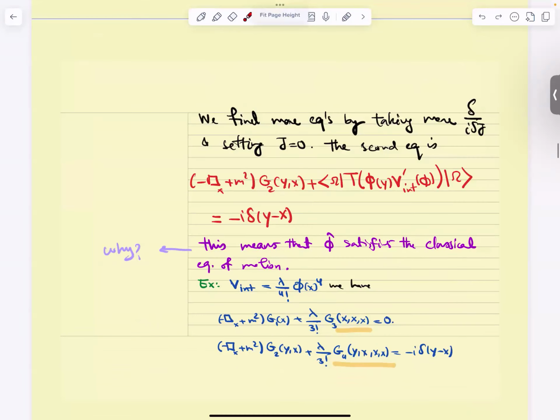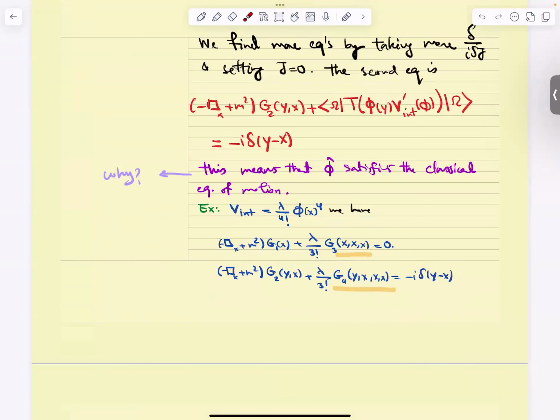All right, example, let's just look at this a little bit more carefully. As I said, this is lambda phi to the 4. The 1-point function is related to a 3-point function, but at the same points, coincident points. The 2-point function is related to the 4-point function where 3 of them are at the same point. Why are these at the same point?